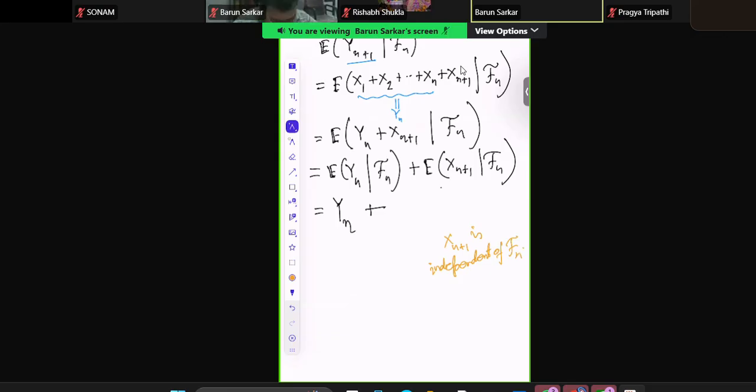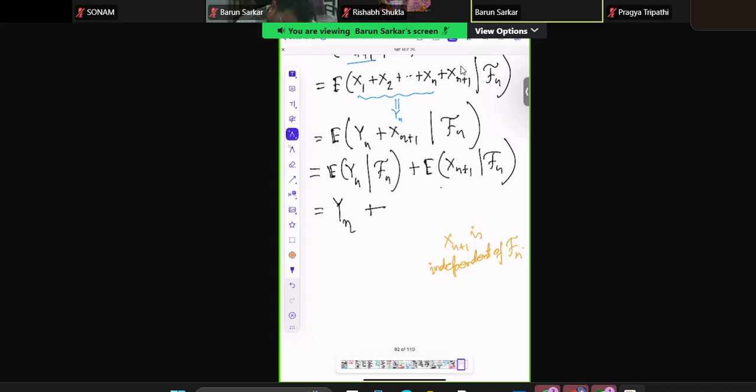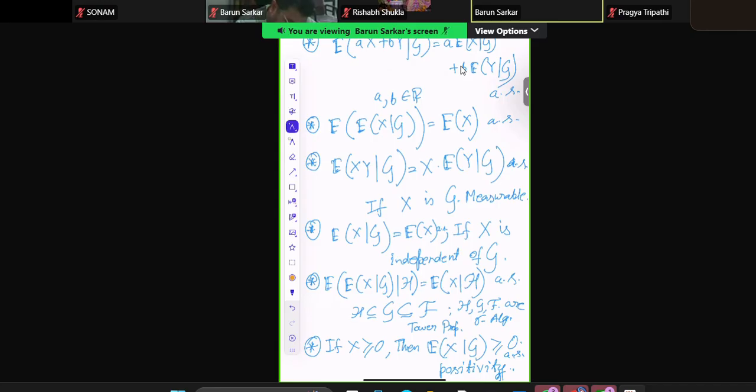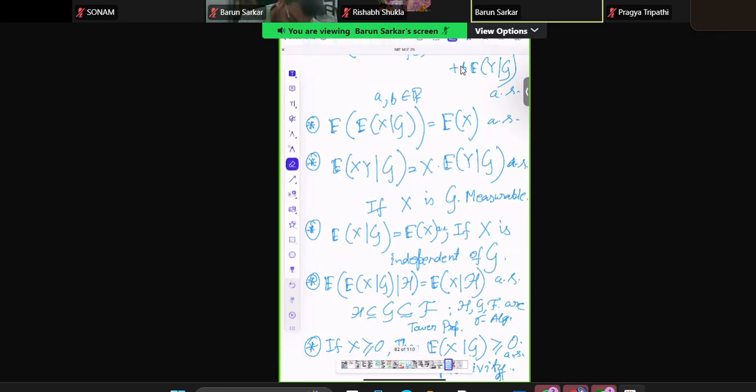Now I again go back to the conditional expectation properties. You see this fourth property: if X is independent of G, then the conditional expectation of X given G is nothing but the expectation of X. So I use this property.